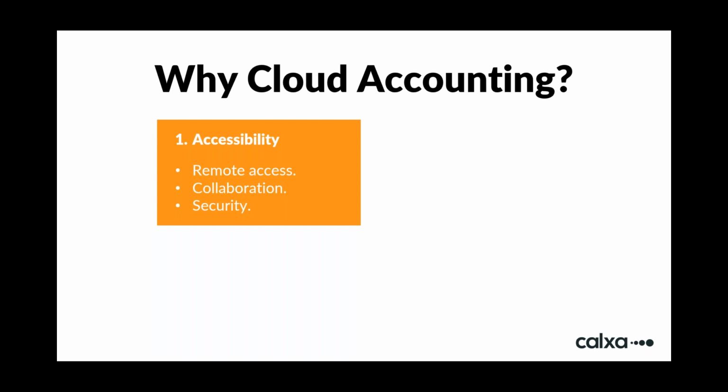You don't have to copy files backwards and forwards as we used to do in the old days. And closely linked to that is collaboration. You can involve more people, get help from people more easily, give people access to just parts of the system, and disperse the responsibility for it as well.